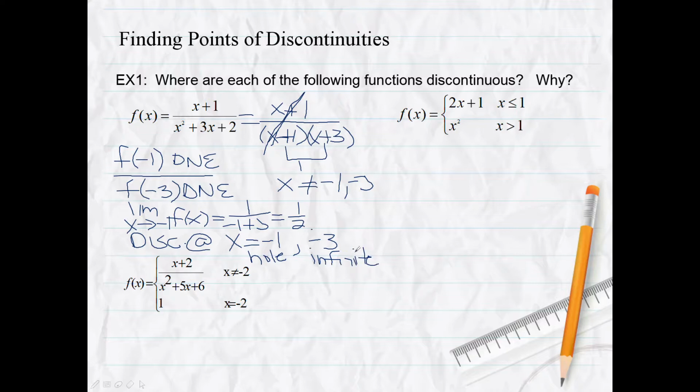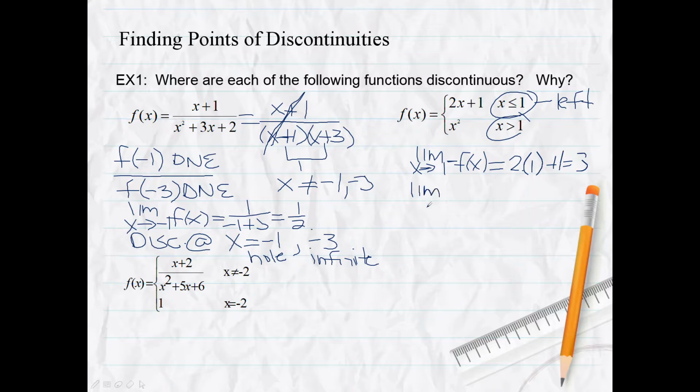Now on piecewise functions, really what we're concerned with is this boundary. So the first thing I'm going to do is the limit from the left. From the left is this first one. So I'm going to take that to 1 and put a 1 in, 2 plus 1, and I get a 3.